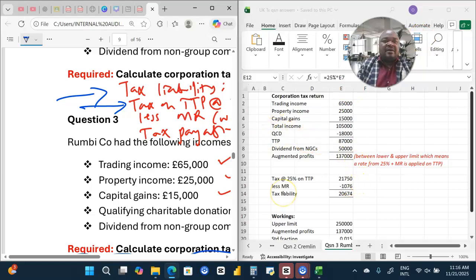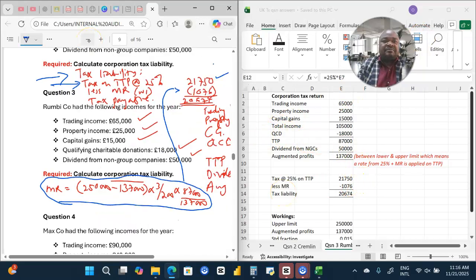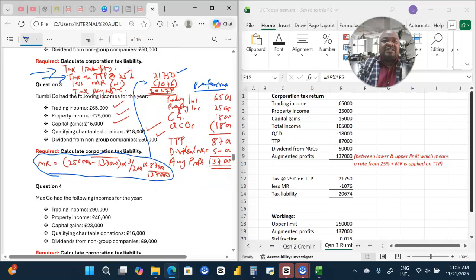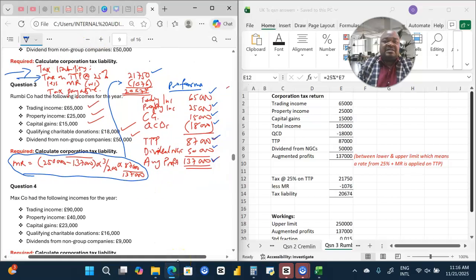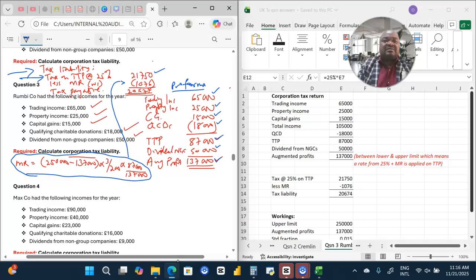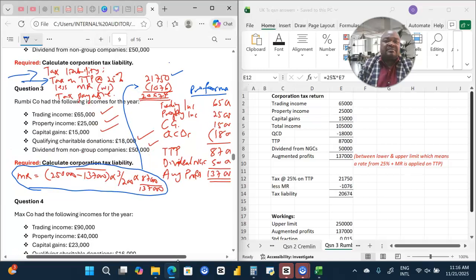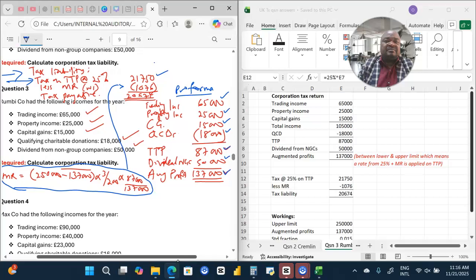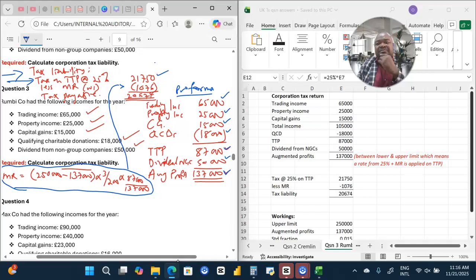I'm sorry to those who have got shorter eyesight. So we start with trading income.